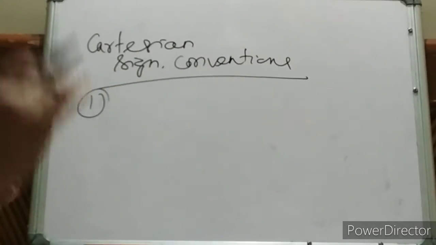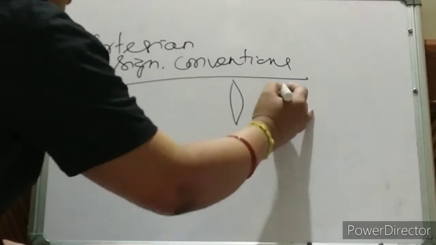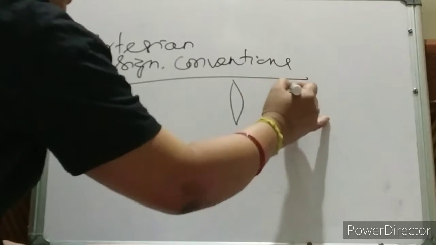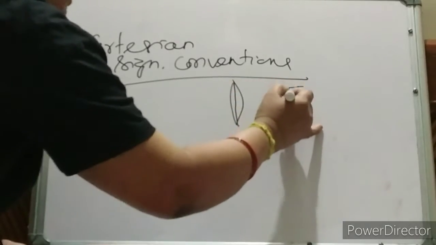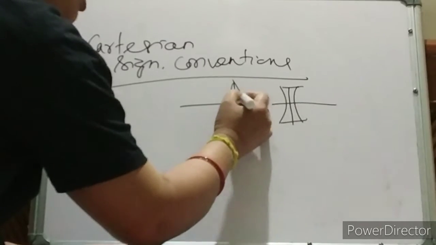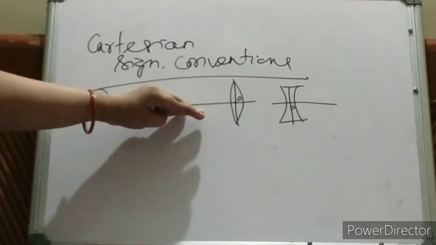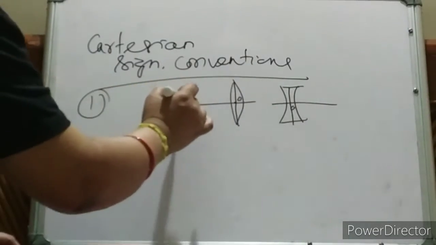optical center should be the origin, for both concave and convex lens. This is your optical center. And the object is taken on the left hand side of the lens.